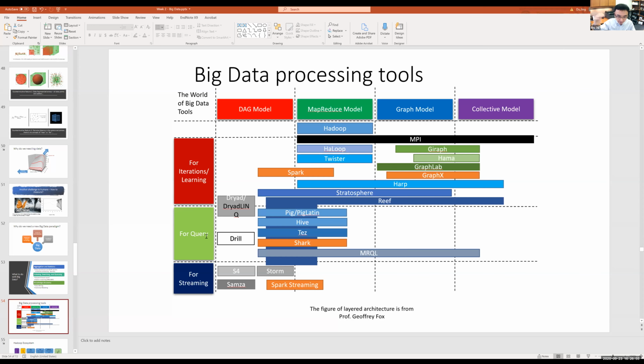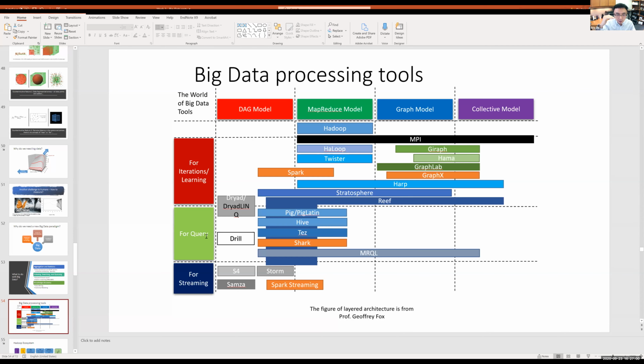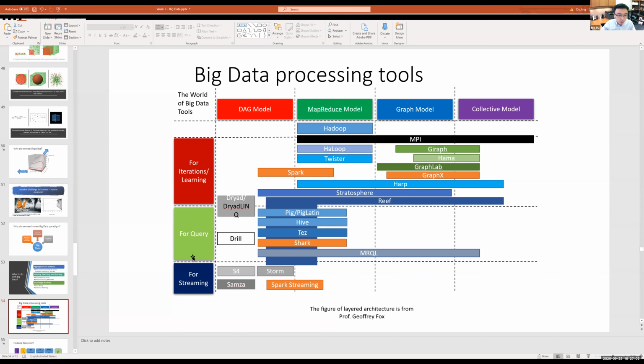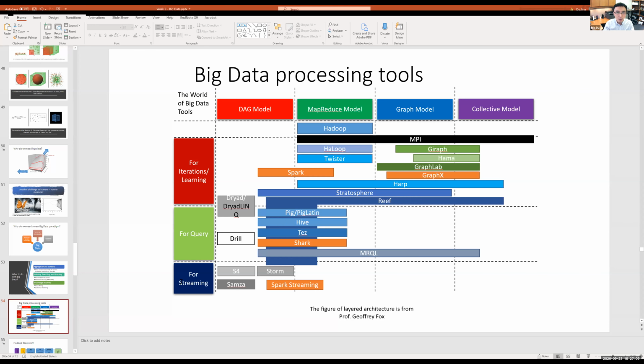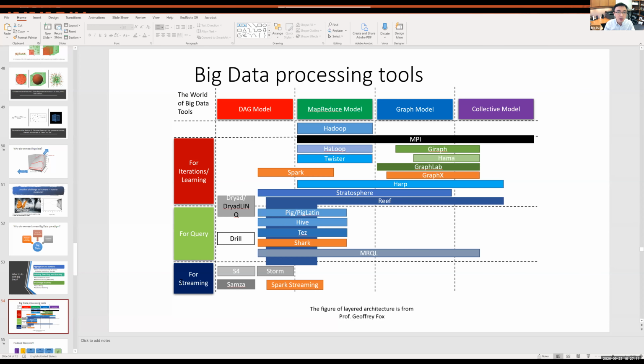Querying is the first and second function: I just want to search a keyword or count numbers. Streaming is more like Twitter, where while people are pushing data into the platform, I want to do real-time prediction. Or I have traffic sensors collected from New York City and I want to predict real-time traffic jams. So input and output happen at the same time. That's called streaming, and for these we have different groups of tools and methods.